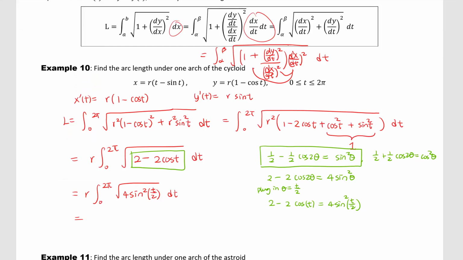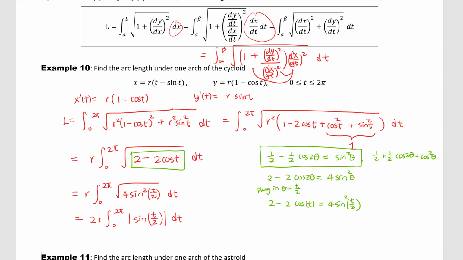Well, the square root of 4 is 2, so we can put the 2 in front as well. The square root of sine squared actually becomes an absolute value. Okay, everybody?